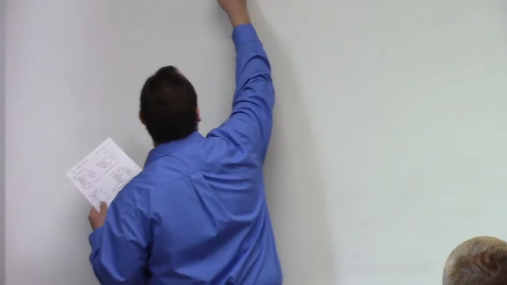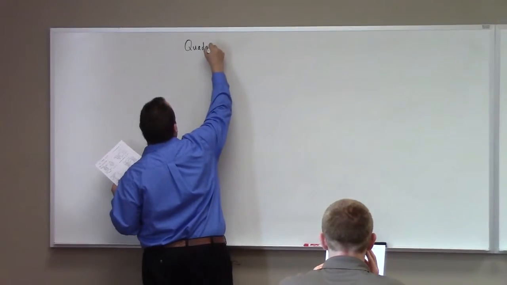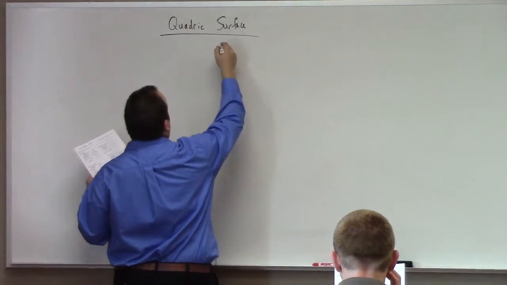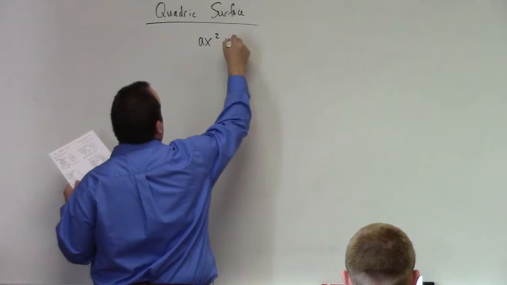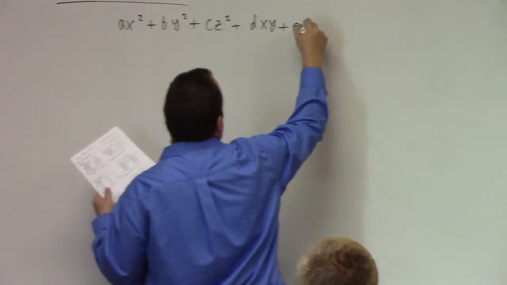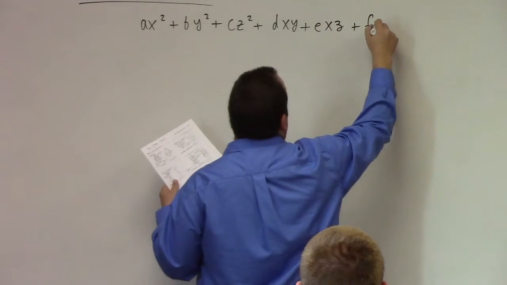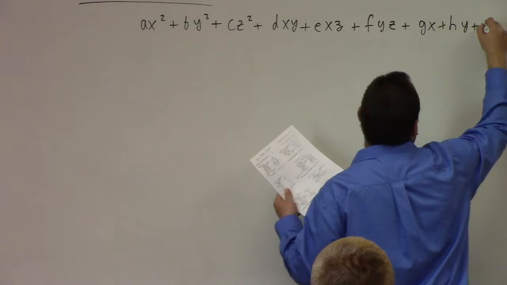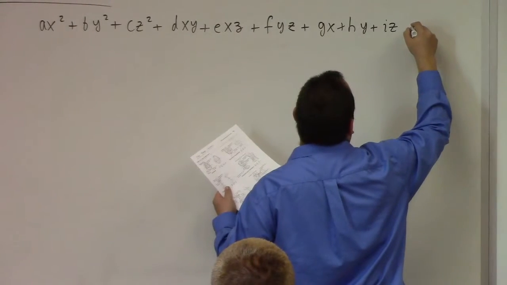So this is what I was foolishly attempting to communicate to you at the end of last class. It's just that, essentially, if you have a quadratic surface, as some people say, it's something basically of the form ax squared plus by squared plus cz squared plus dxy plus exz plus fyz plus gx plus hy plus iz equals k.